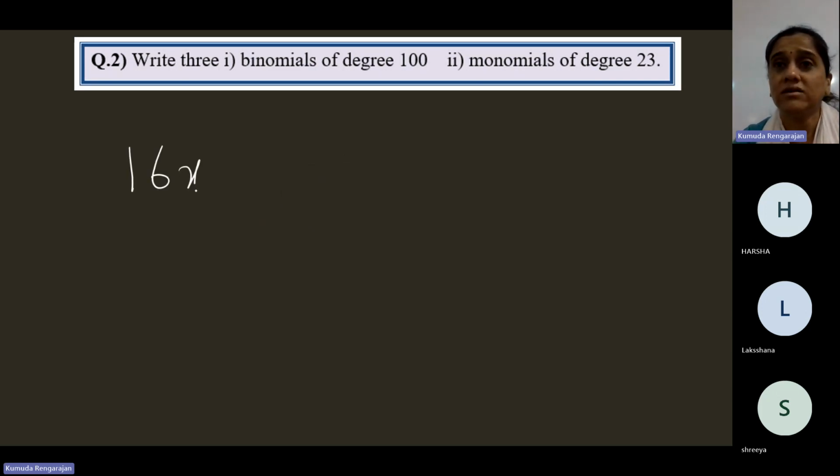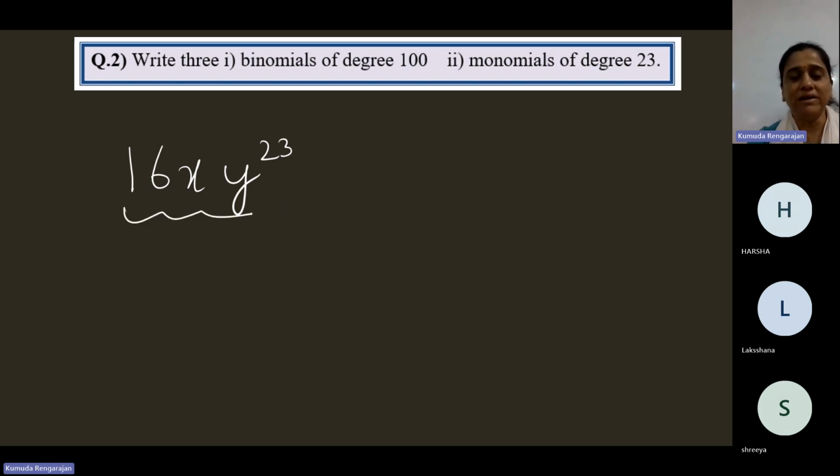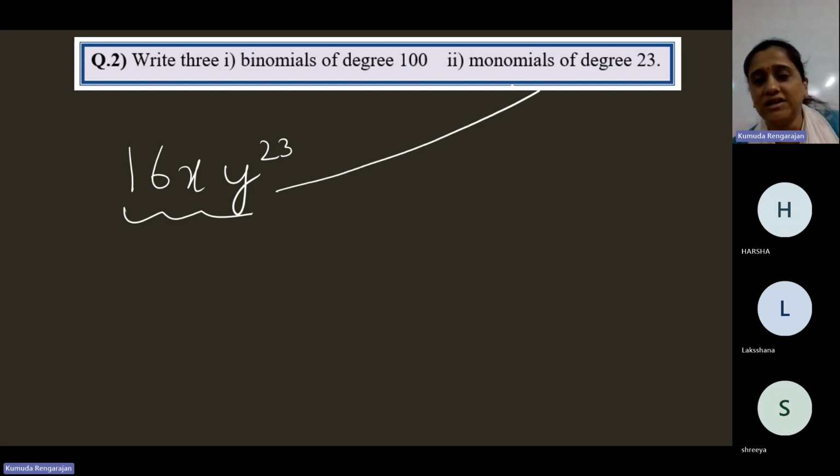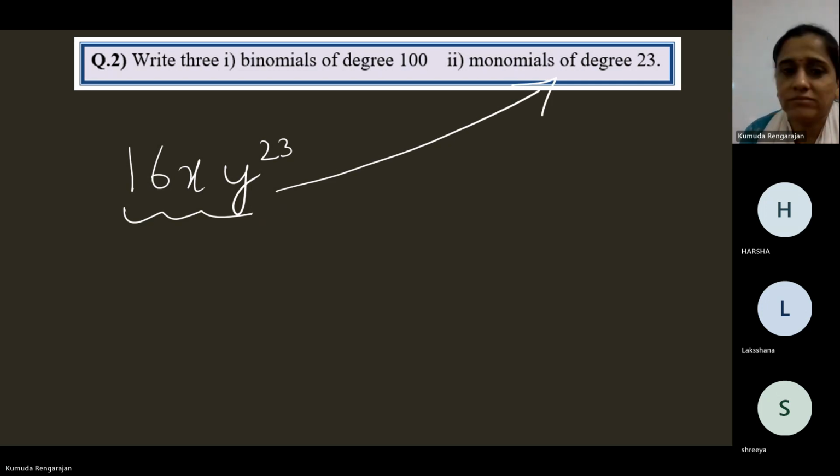16 power 23. Okay. Now this is discussion. Now is this example, does this example satisfy these conditions? Is a discussion. Plus 7, then it will become a binomial.